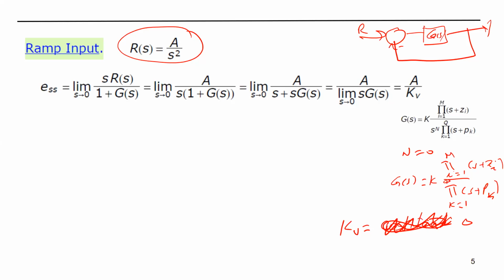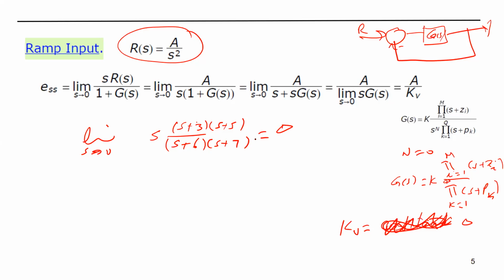Let's take an example: S times 3S plus 5 over S plus 6 times S plus 7. The limit as S goes to 0 equals what? We will multiply them. This is 0. Now put in the denominator, for example, an extra S plus 4.